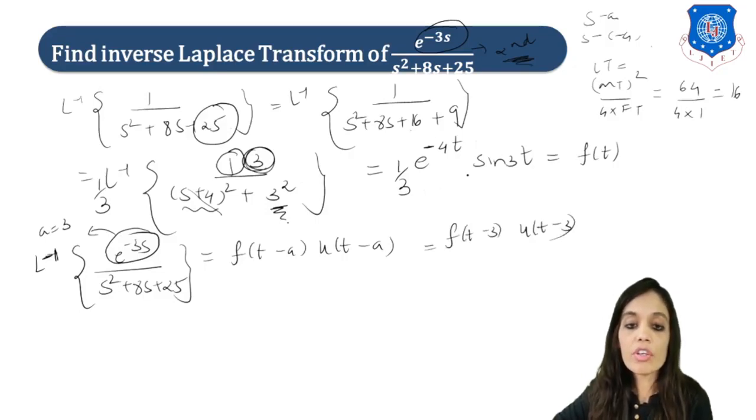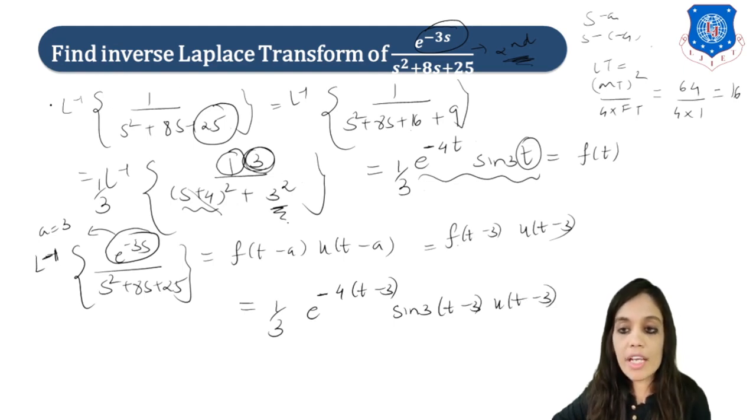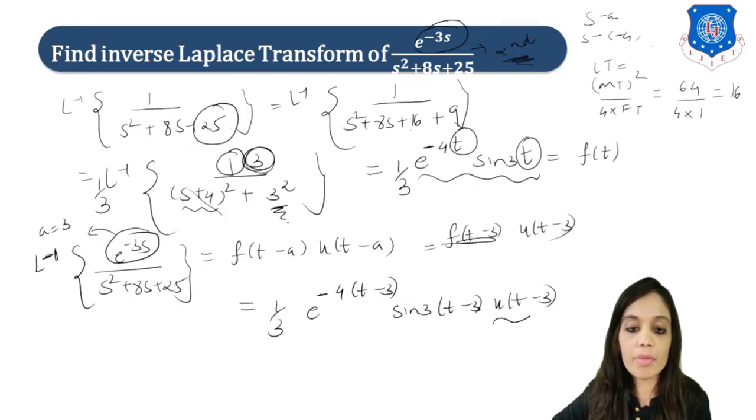So now we just have to replace in this t by t minus 3. So our final answer will be 1 upon 3 e raised to minus 4(t minus 3) sine 3(t minus 3) u(t minus 3). Right? You just have to find the Laplace inverse and just replace t by t minus a and multiply by u(t minus 3). So this example we have solved using our second shifting theorem.